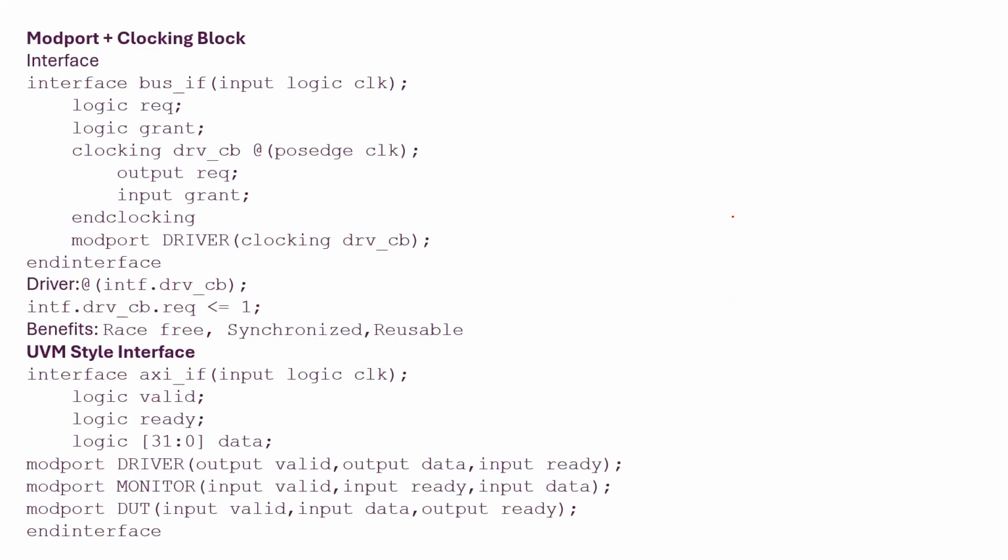Modports and clocking blocks both are there. In clocking blocks, we use the signals with some delays, where we sample the input and where we drive the output. So that's what we are changing in the signals with the clocking blocks.